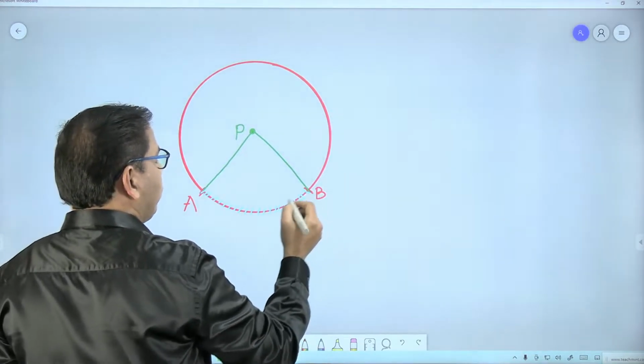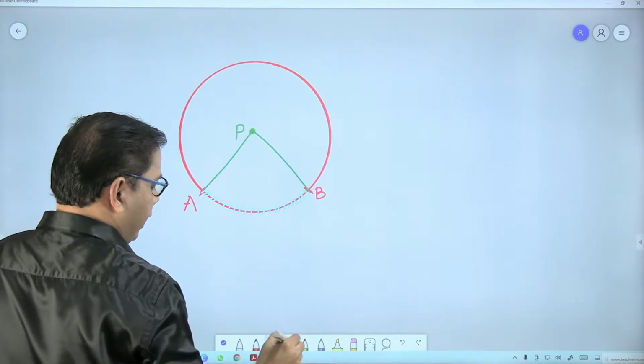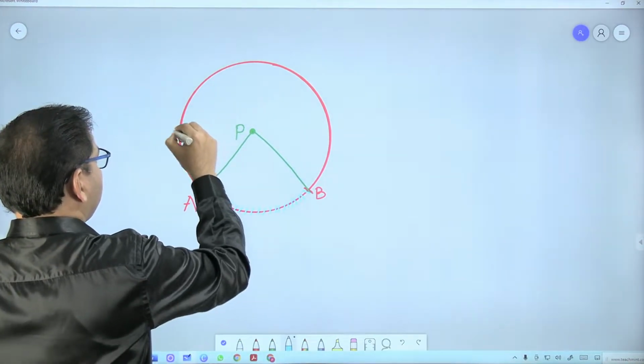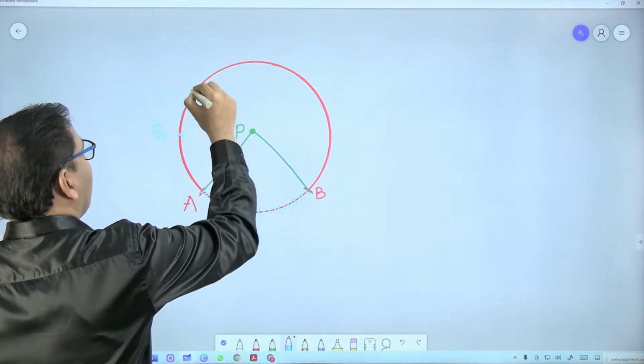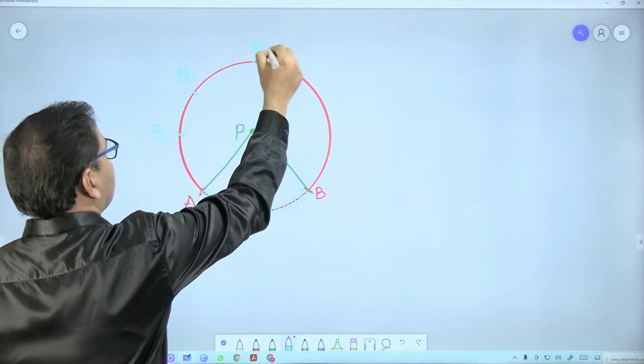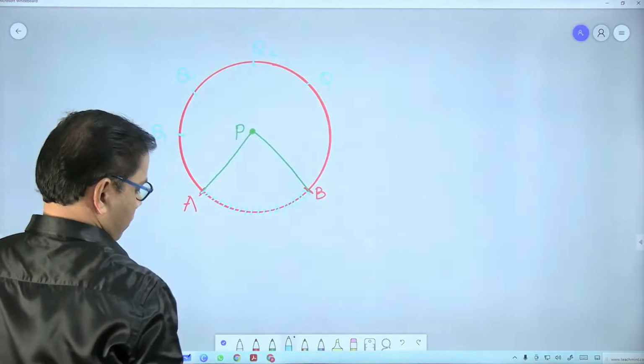This part is already used. So for the remaining part, take a point anywhere. Let me take a point over here. This is my point Q, or this is point Q1, or this is point Q2. The marking is not visible.